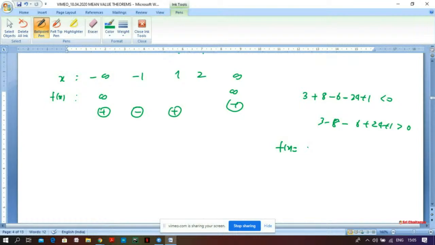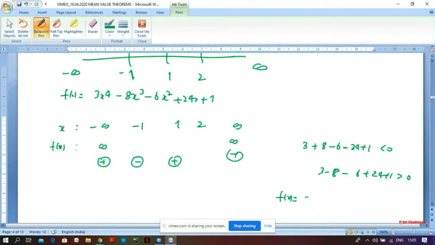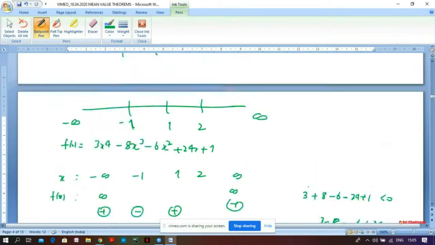If I write f of 2, of course, you have to compute again. So your f of 2 is a little big calculation, but we have to do it. So this is 3 into 2 to the power 4 minus 8 into 2 cube minus 6 into 2 square plus 24 into 2 plus 1.